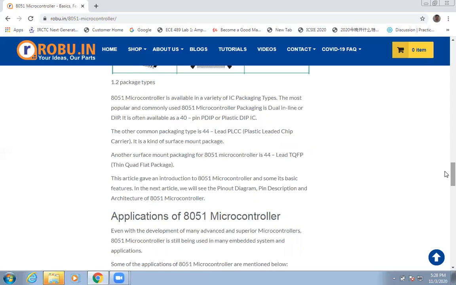It is often available as a 40-pin DIP, that is PDIP, plastic dual in-line IC. The other common packaging type is the 44-lead PLCC, plastic leaded chip carrier. It is a kind of surface mount package, SMT, surface mount technology. Other types are also used, such as the 44-lead TQFP, that is thin quad flat package.